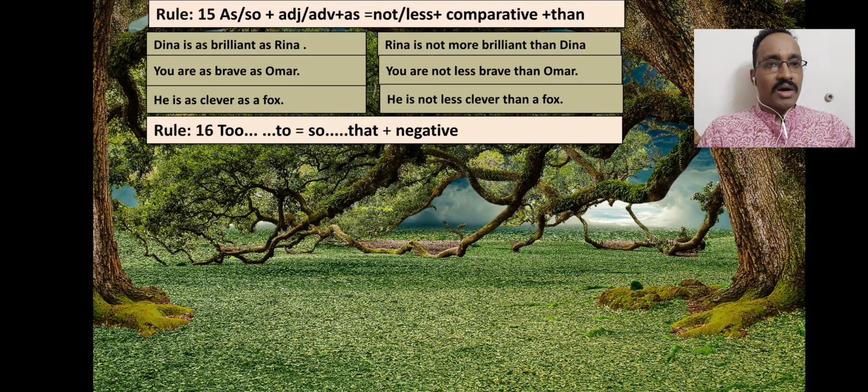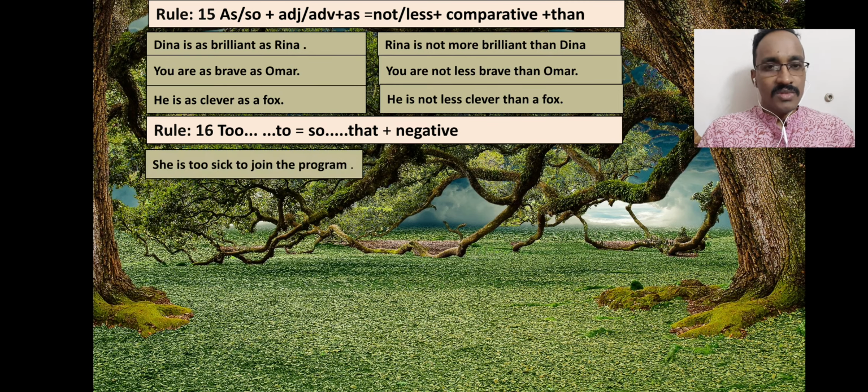We have already learned the transformation of sentence according to structure. There we learned how we can transform from simple to complex. Here, if we make this type of sentence negative, at the same time these sentences will become a complex sentence. See the example: She is too sick to join the program.